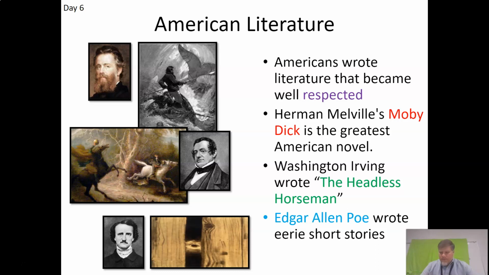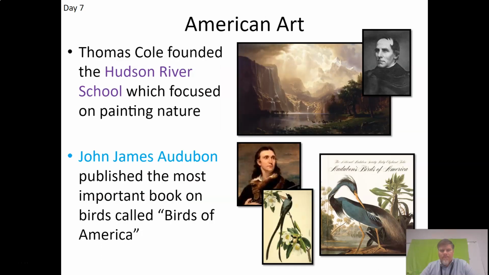And so we start to see the influence of being our own nation, the influence of the nature of the society and even the environment having an impact on the culture and the writing of the time.